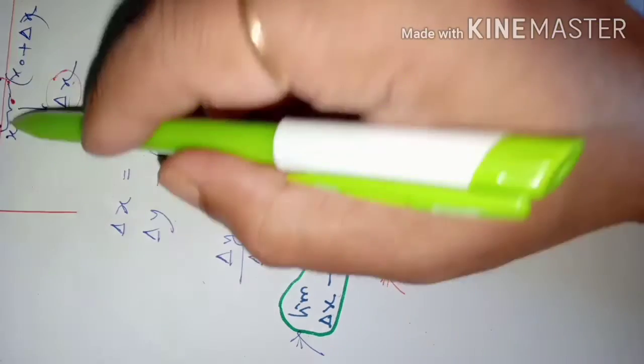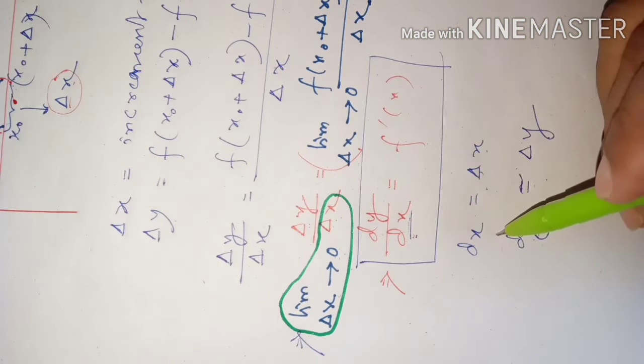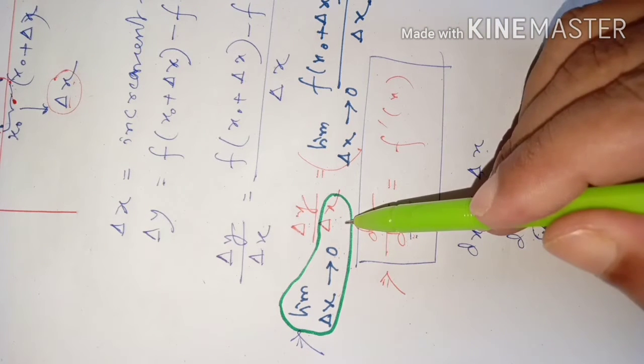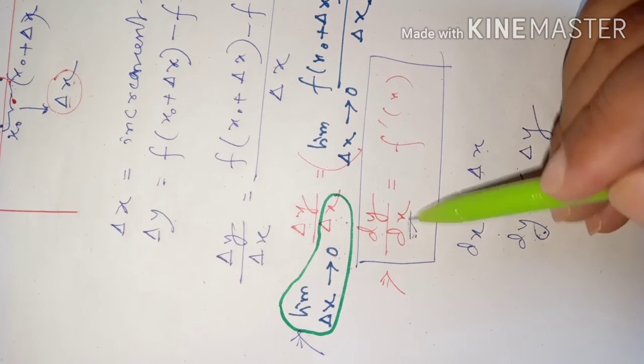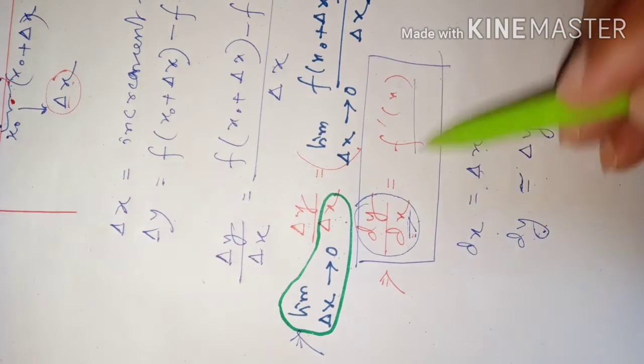That means how much increment is there in x, that is termed as delta x or dx. But since dy is dependent on x only, if dx is there, then the ratio between dy and dx will be called the derivative of the function.